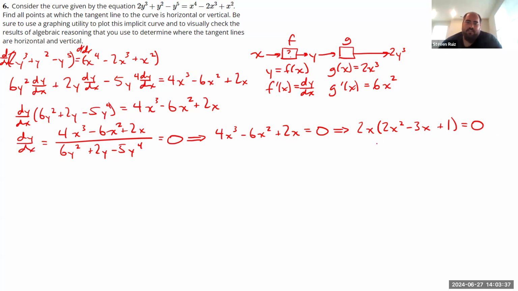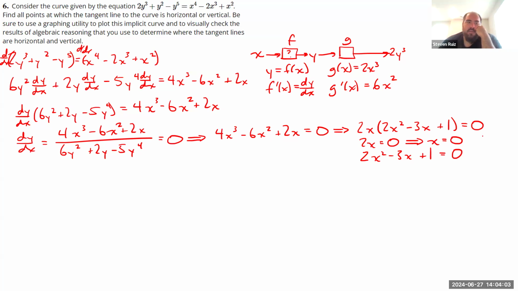I don't think it factors, but I can still find the roots of it. Basically I can split this into two equations based on the factors: 2x equals 0 and 2x squared minus 3x plus 1 equals 0. So 2x equals 0 gives me that when x equals 0, I'll have a horizontal tangent.